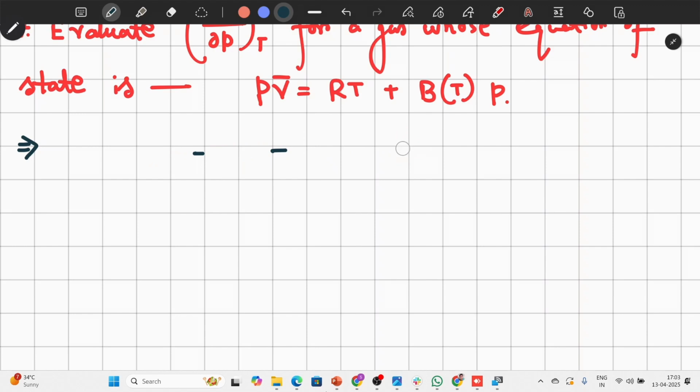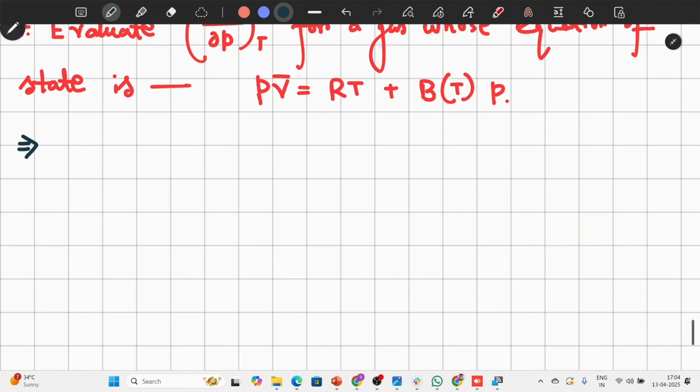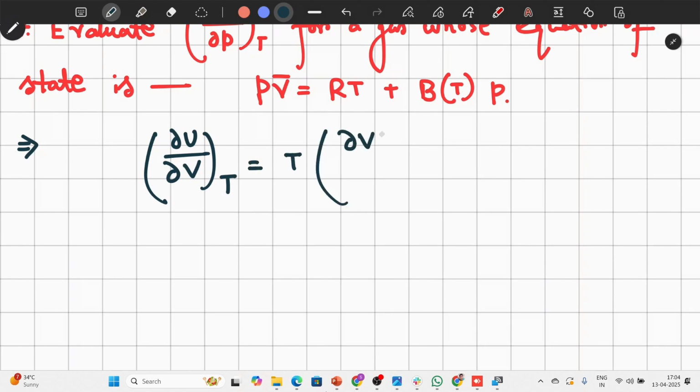Here you have to use the thermodynamic equation of state. There was dG equal to VdP minus SdT. One was del U by del V at constant T, that was T times del P by del T at constant V minus P. This was internal pressure.